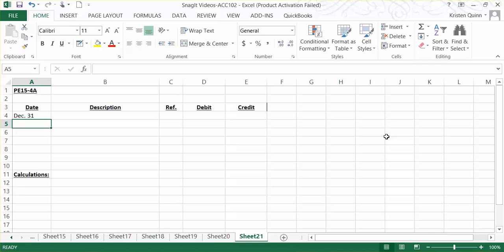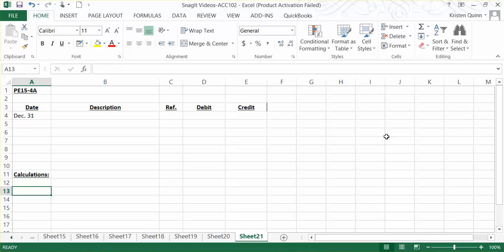What they're asking us to do is compare how much we had spent, or the cost of our portfolio of trading investments, versus how much those exact investments could have been sold for as of our balance sheet date, which is December 31st, 2014.